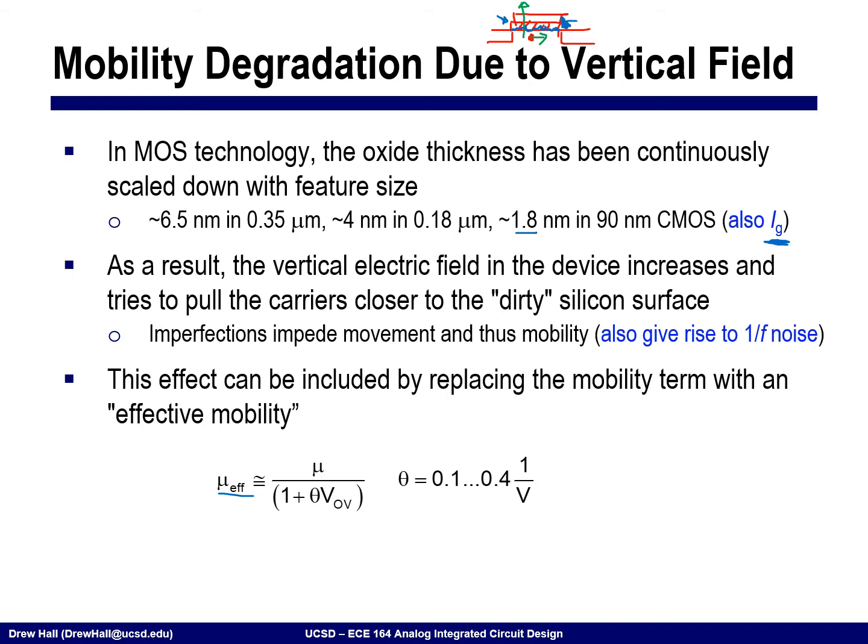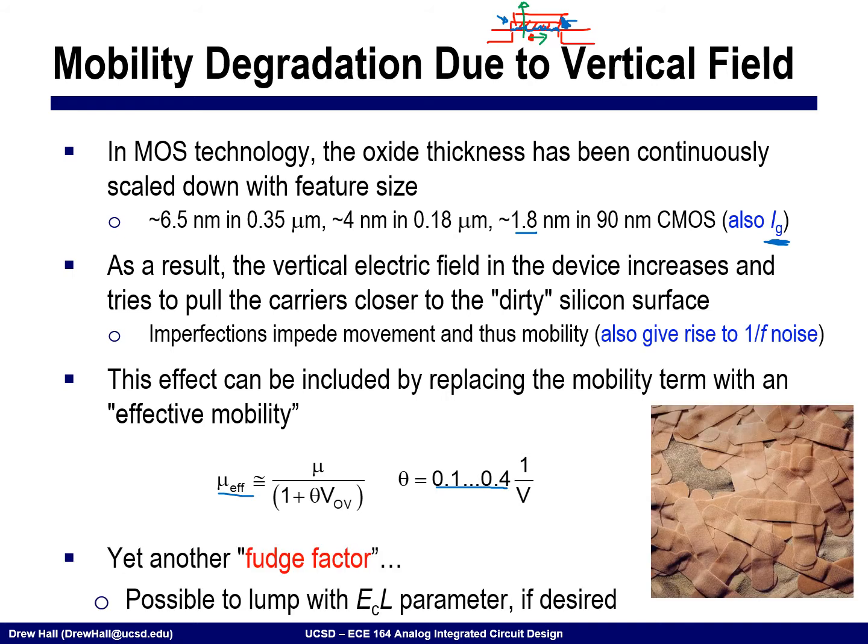Okay, and this theta term is going to have units of 1/volts, and it will range typically from 0.1 to 0.4. And so what you see here is that as we increase the overdrive voltage, we degrade the mobility further and further, which should make sense. We're increasing this force vector, pulling the carriers closer and closer to the surface.